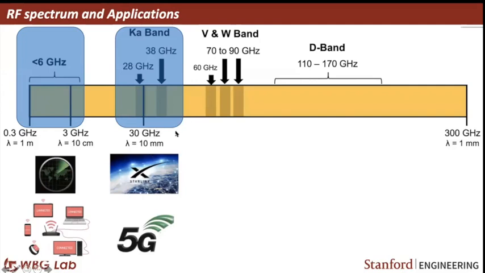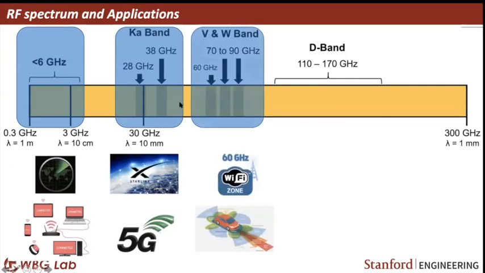The kind of frequency they use for communication between those devices falls in this band, which is between 25 gigahertz to about 40 gigahertz. So this band is allotted for these kinds of applications. And then there are bands like V band and W band. There are 60 gigahertz Wi-Fi connections.